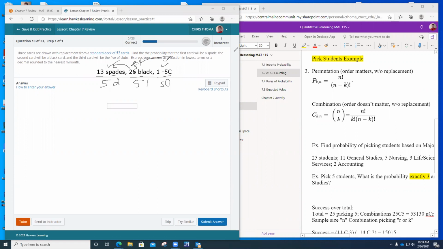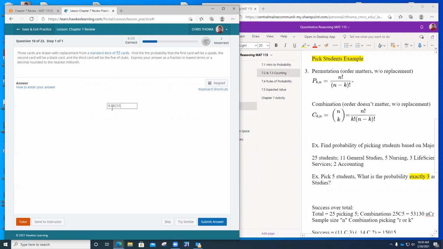So 13 divided by 52, and then multiplying these together because they're independent, times 1 divided by 50, and I get a very small number, 0.00235.